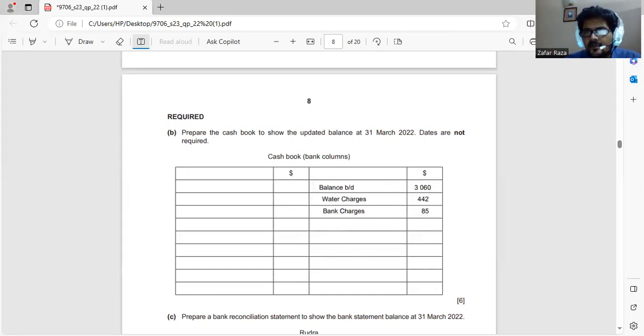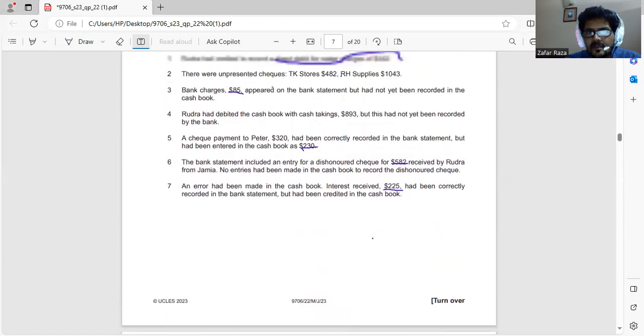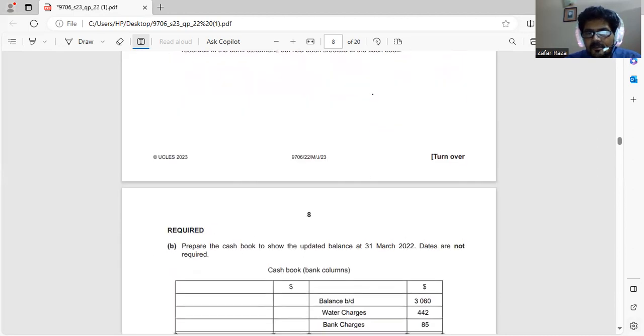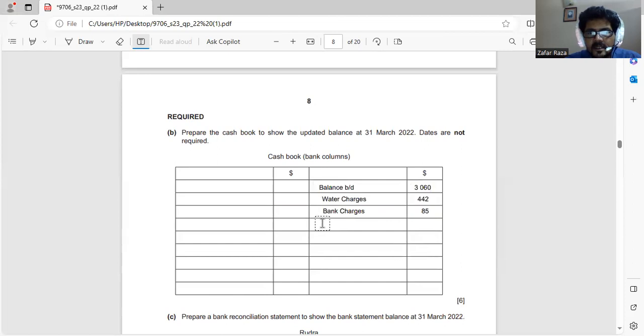After bank charges, we have to write the error which we have made. Here is the error. This error, Peter's error, that was 90. So we'll write it over here. Peter, and amount is 90. Tick. Okay.